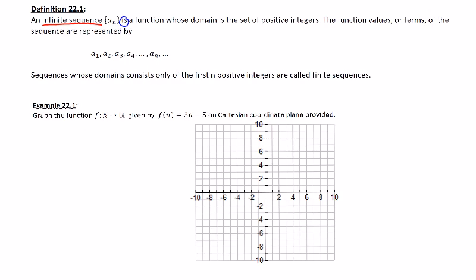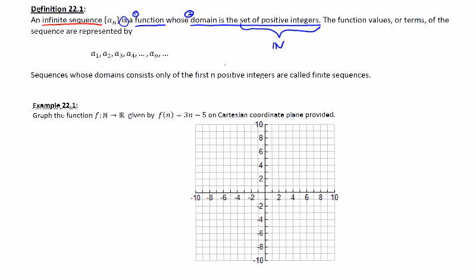Number one that I want you to take away from this definition is that an infinite sequence is a function. Second thing I want to take away, whose domain is the set of positive integers. That's number two. Now, the set of positive integers is also known as the set of natural numbers.